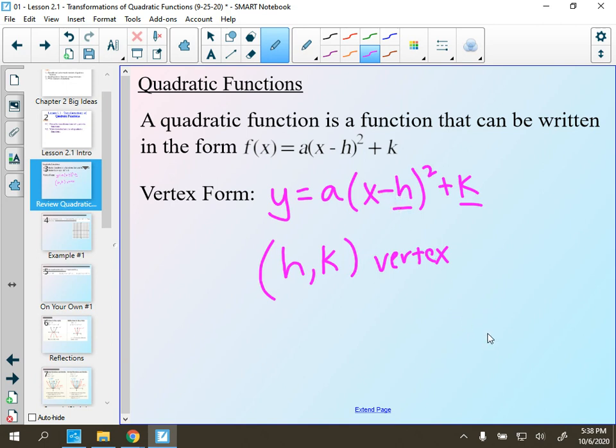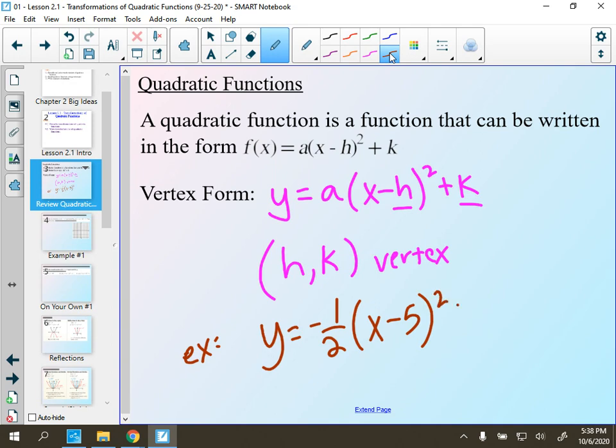Let's throw one up here that has all this going on. One of the things I'm going to ask you to do is compare the graph of this function to the parent function y equals x squared.